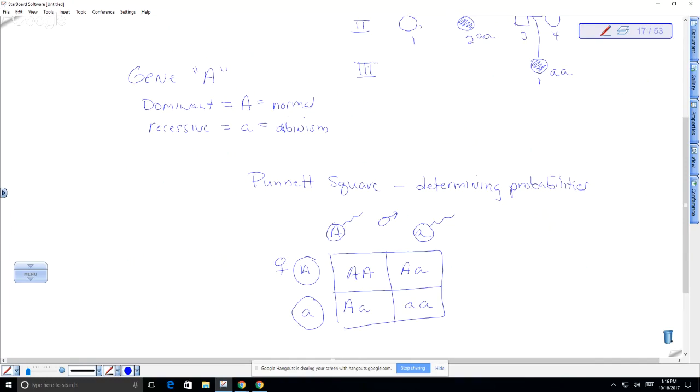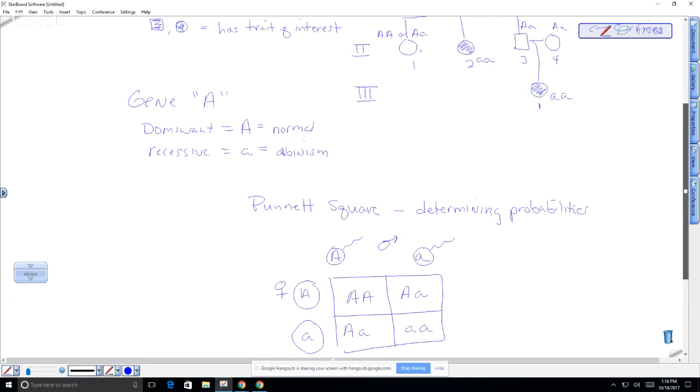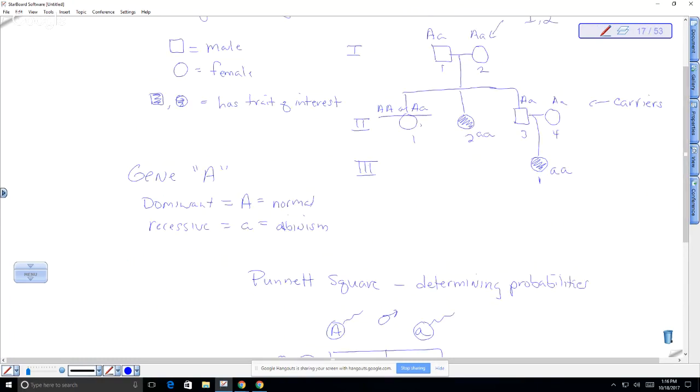These are haploid cells. Okay, these are genotypes. Okay. So this is kind of interesting. You could just ignore this, because remember what we're asking is, what is the probability that this individual is big A, big A, or big A, little a, right?